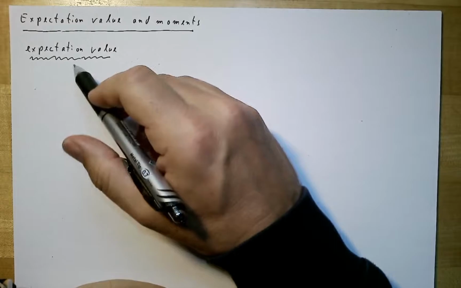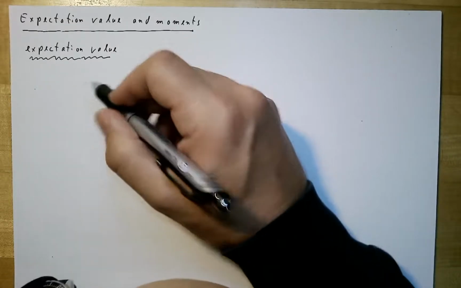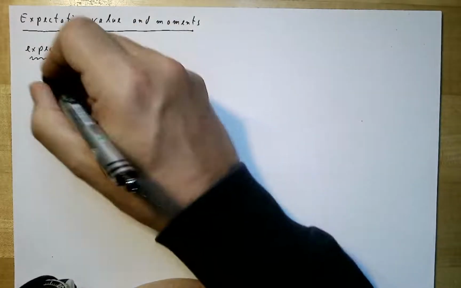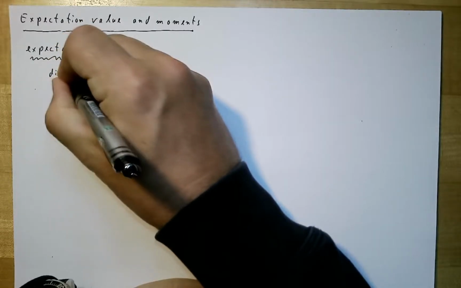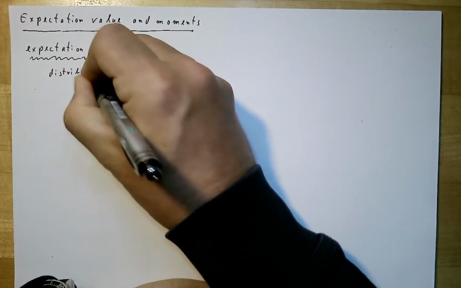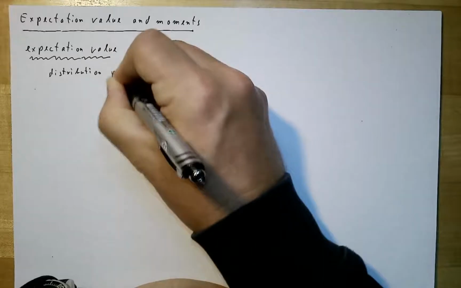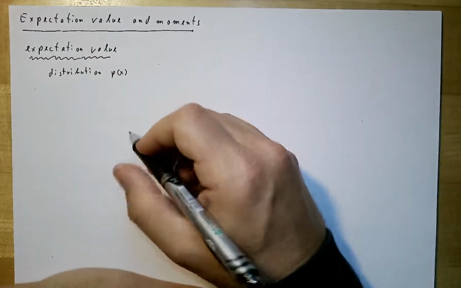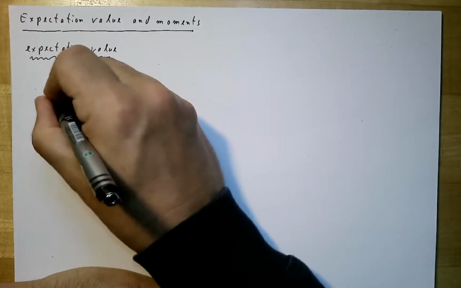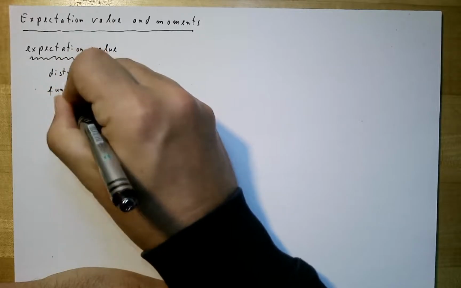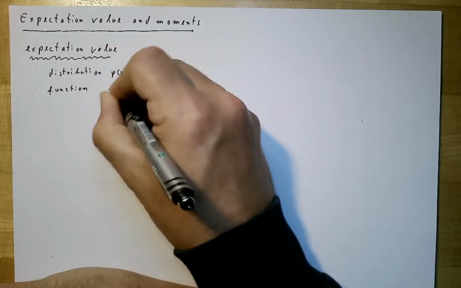So what do we need? First we need the distribution, P of x, and we need an arbitrary function, f of x.